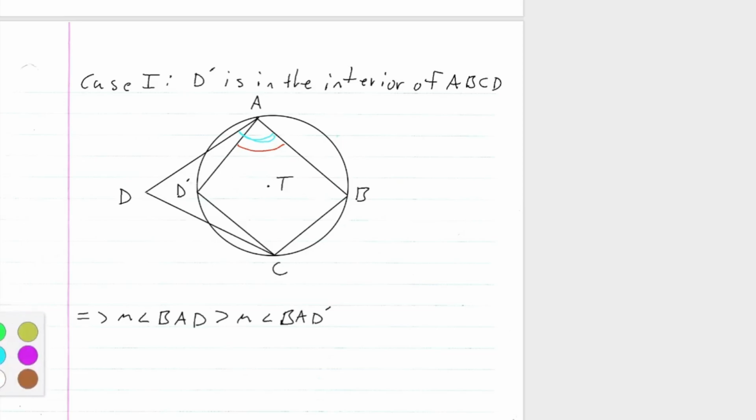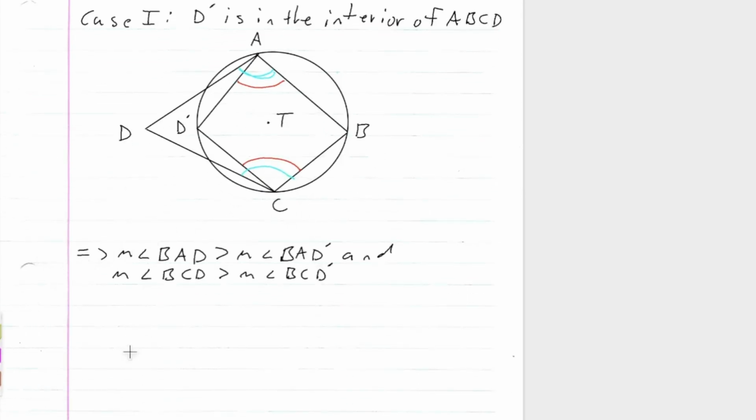Similarly, the measure of angle BCD is going to be bigger than the measure of angle BCD prime.